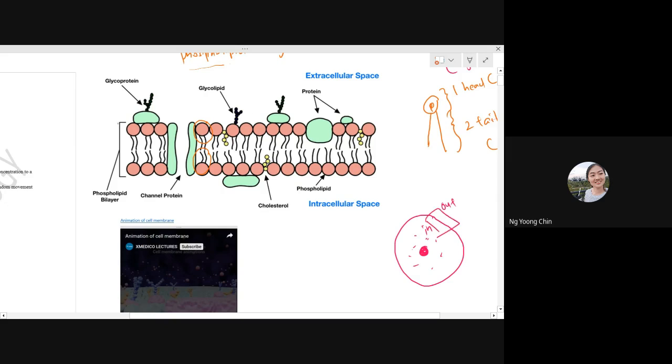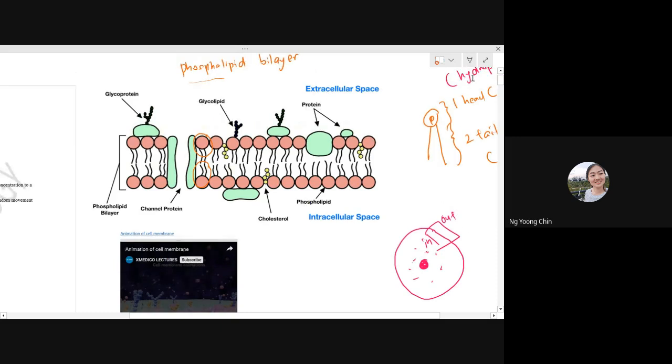One side is the extracellular space, which is outside of the cell environment. Then you have the intracellular space, which is inside the cell, the cytoplasm, because the cytoplasm is the cell contents.